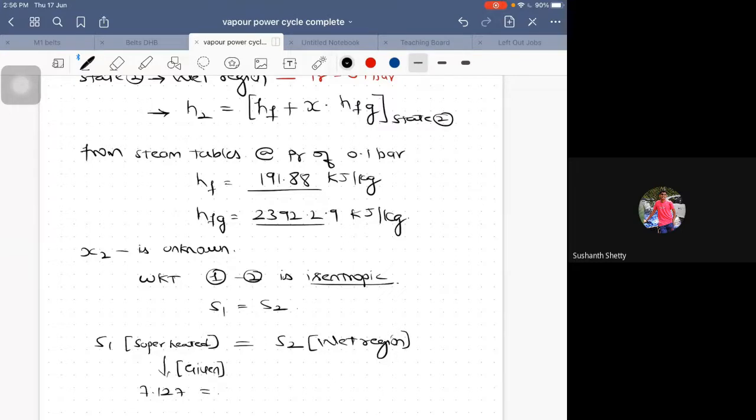S2 can be calculated since it is in the wet region. How will I calculate? Anyone? At state 2, which is in the wet region, how will I calculate?